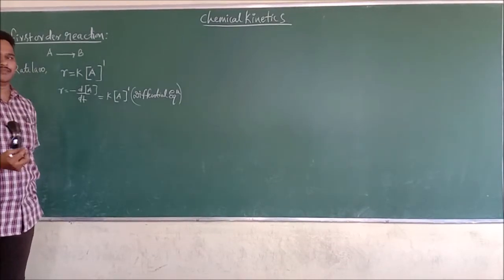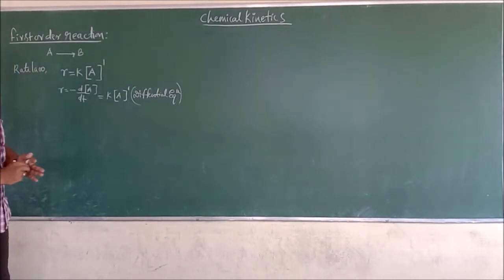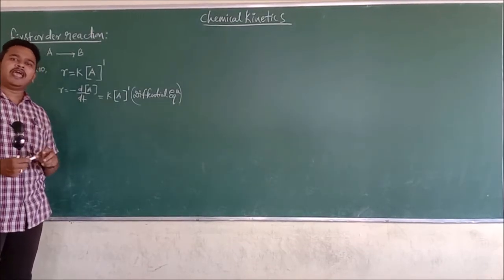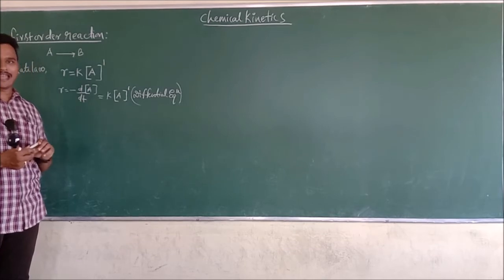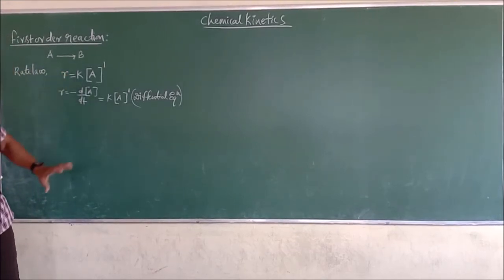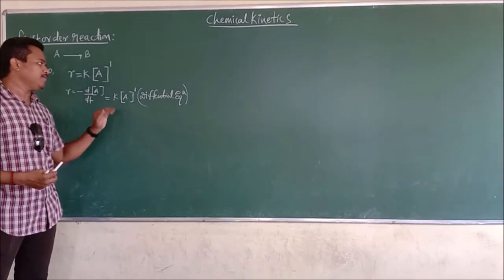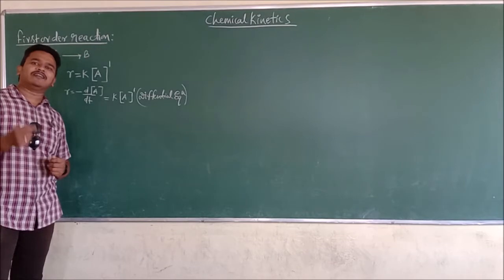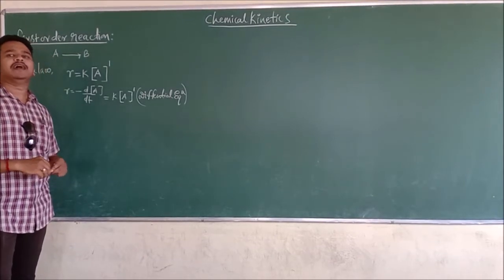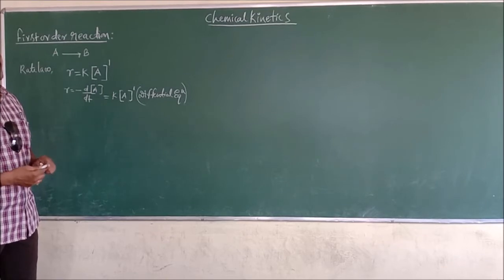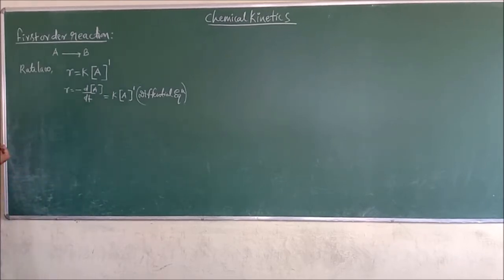So to get a relation between time and the concentration of the reactant, what are we going to do? We are going to integrate this differential equation. After integration, whatever equation you get is called the integrated rate equation of first order reaction.